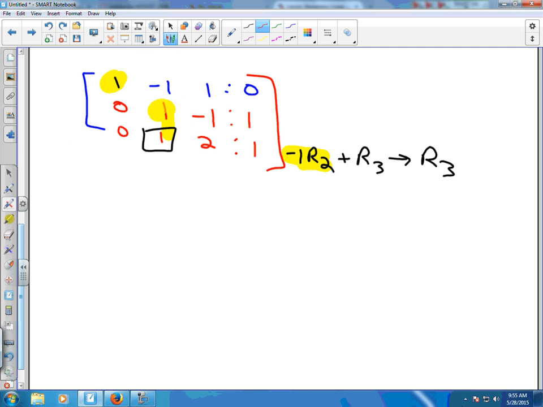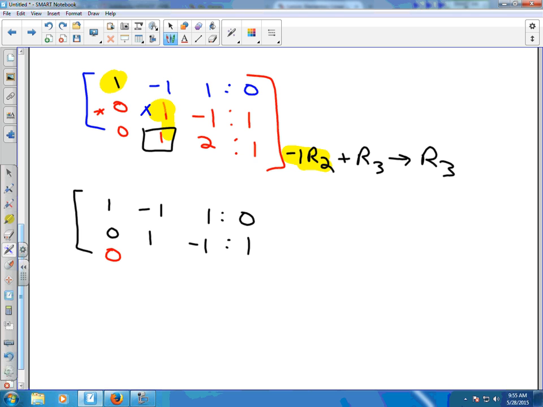Alright, so if we do this, 1, -1, 1, 0, 0, 1, -1, 1. So if we do the opposite of row 2 plus row 3, we get 0 plus 0.